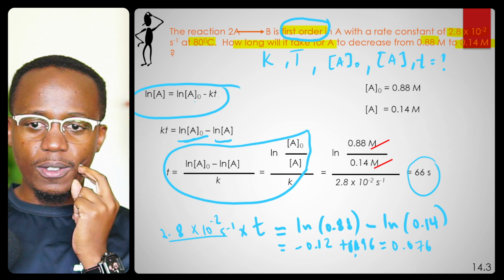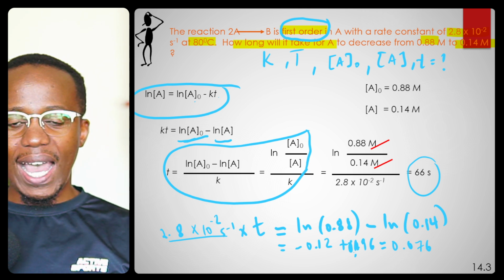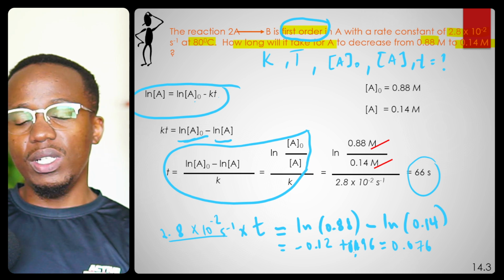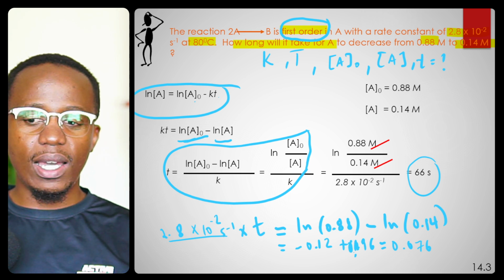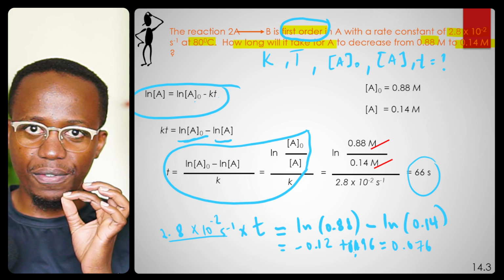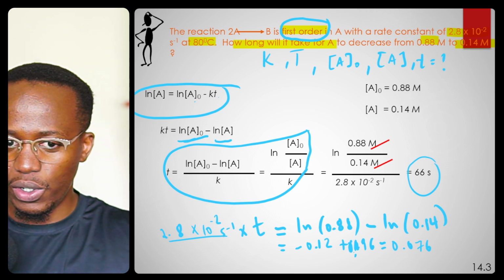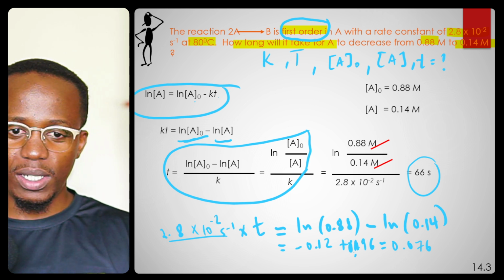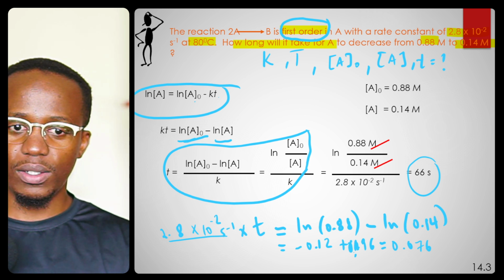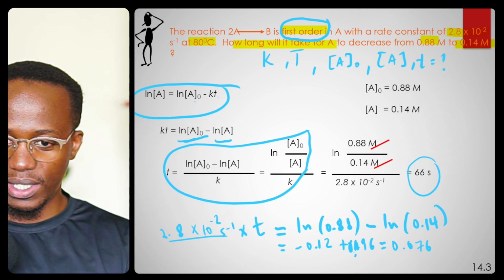However, they can do it all the way around, right? And ask you for initial concentration, final concentration, having given the time. If this reaction was a second order or a zero order, it will be a different question, right? So, for example, let's say that this was a zero order reaction.